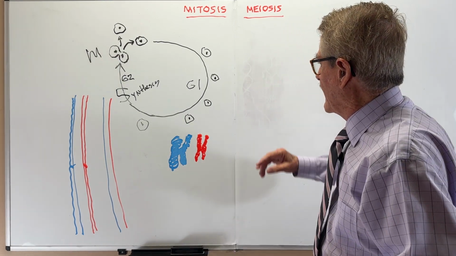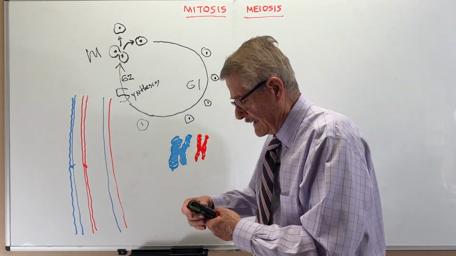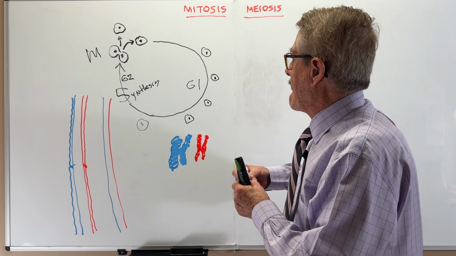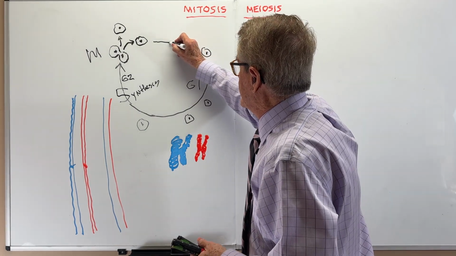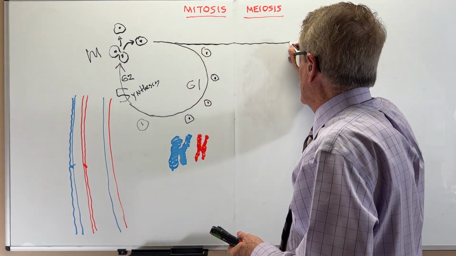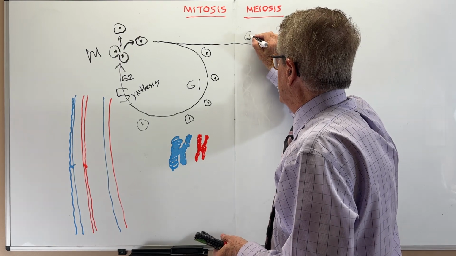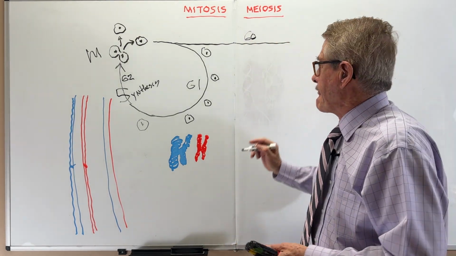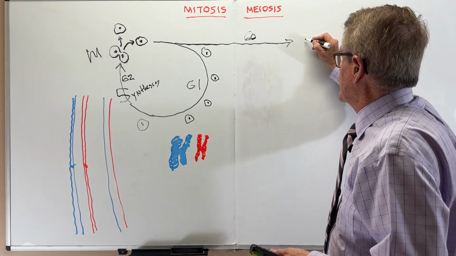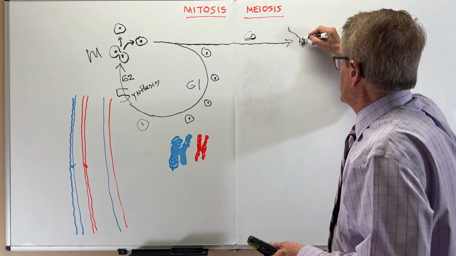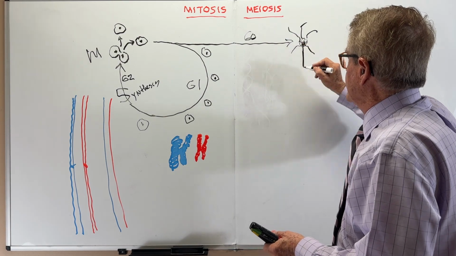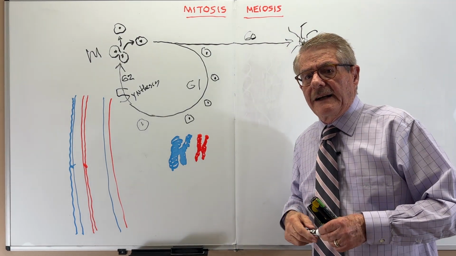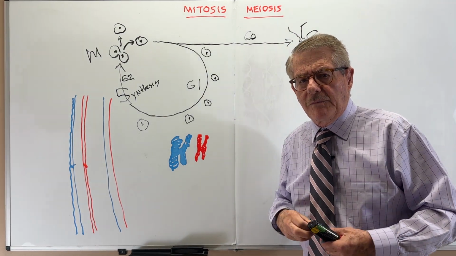Now, before I forget something important, some cells, once they are formed, do not divide. Growth 0, they don't multiply. Those are, for example, cells like the neurons in our brains. Once they are there, they are there. We don't have more neurons.